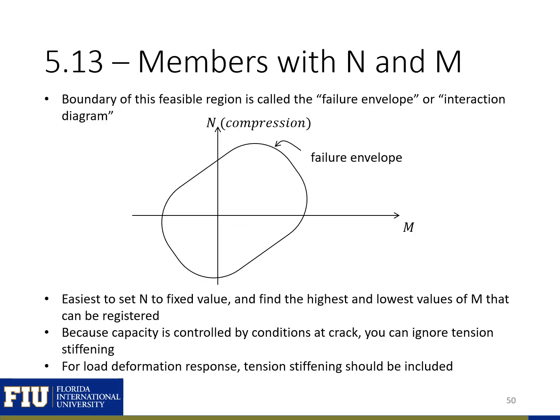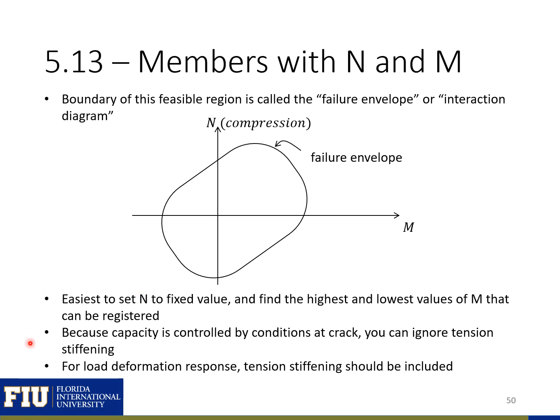When looking at combinations of moment and axial load, we'll typically develop a moment-axial load interaction diagram. This diagram is a failure envelope. So it represents a series of combinations of moment and axial load that would cause failure of the member that we're looking at.